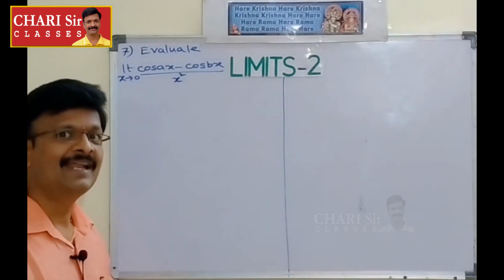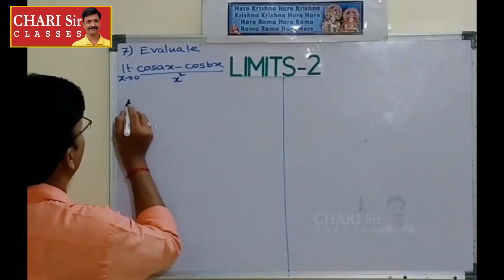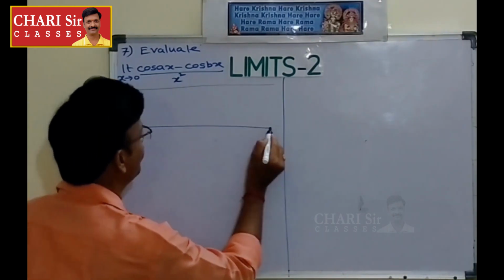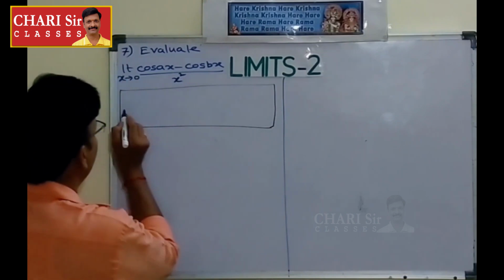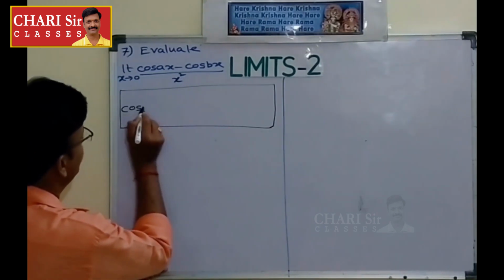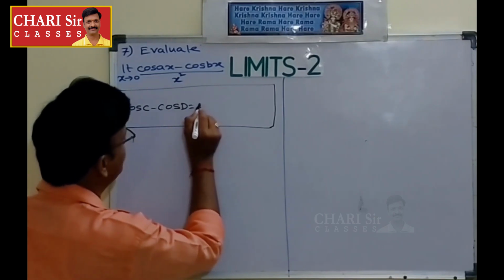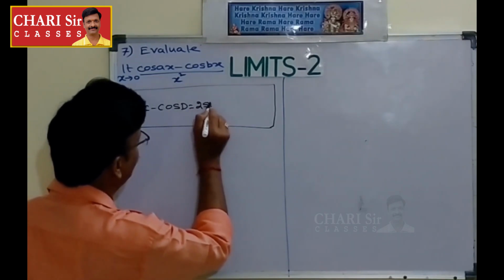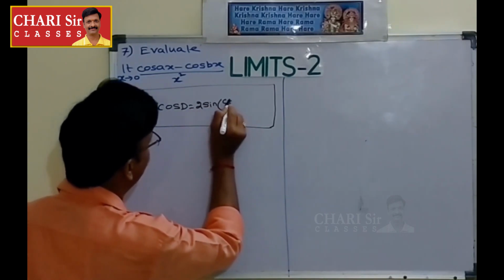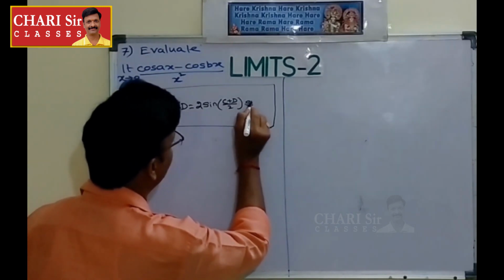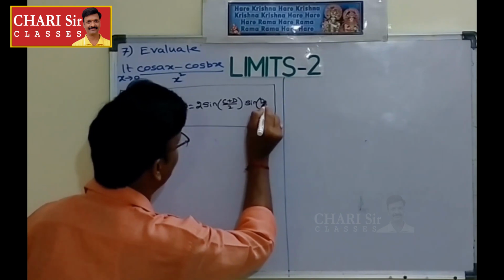If you don't recollect, I will write it here in the box: cos c minus cos d equal to 2 sin c plus d by 2 into sin d minus c by 2.